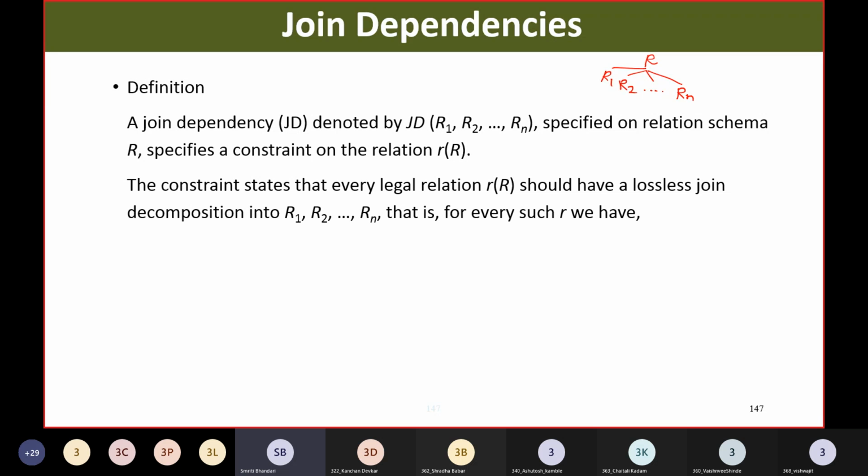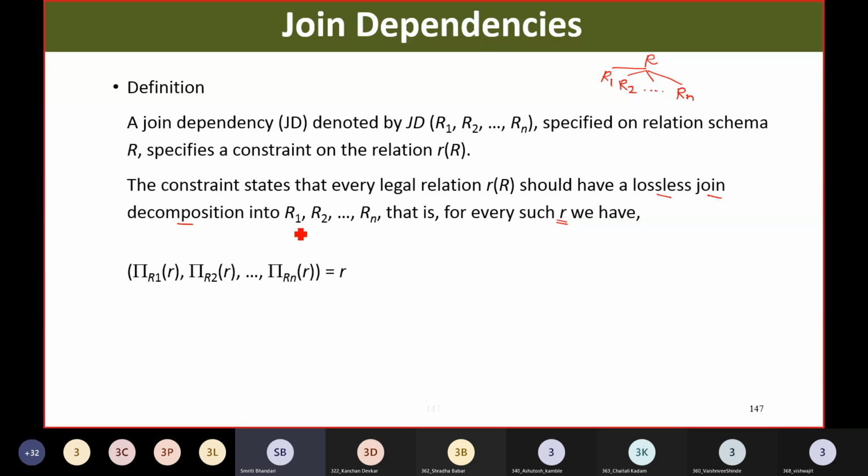This constraint states that every legal relation r on R should have a lossless join decomposition into n relations R1, R2 up to Rn. That is, for every relation r on capital R, this condition should be satisfied. And what is that condition? We are saying that the relation is being decomposed into n relations.